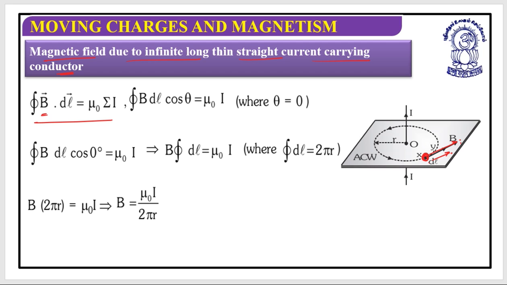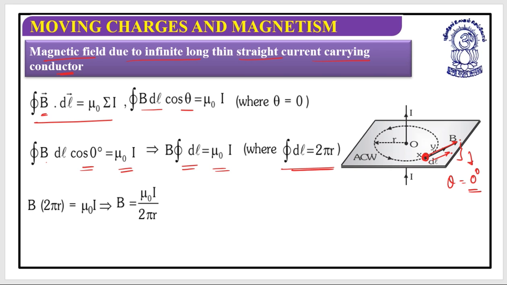So the angle between these two, theta, would be 0 degrees, and B dl cos 0 degrees equals mu naught into I. Now B is constant throughout the circle, so B times the line integral of dl equals mu naught times I.